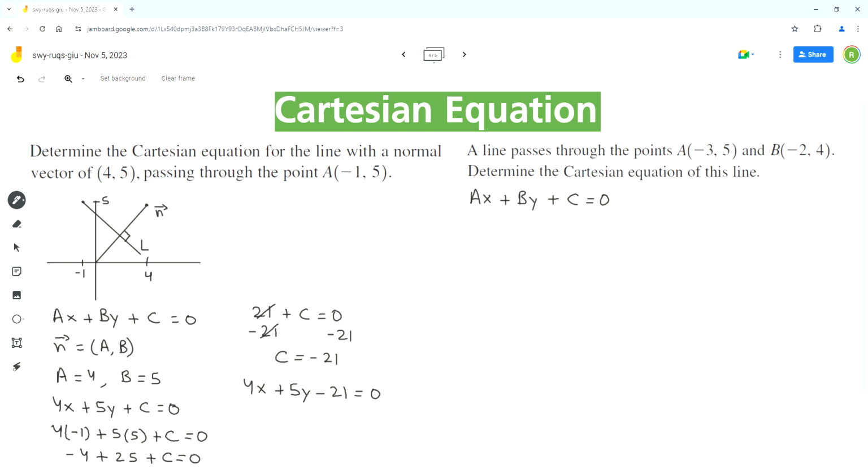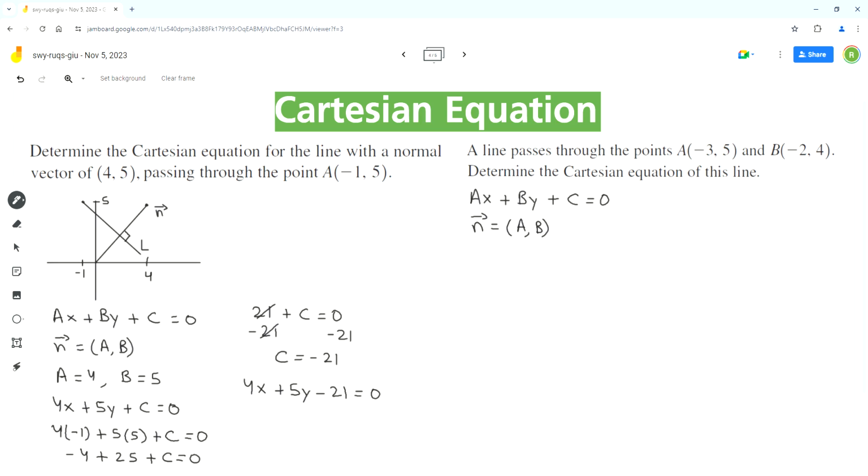We have to find the values of a, b and c for this line. We know that the normal vector for this line is (a, b). We have to use these two given points to find the normal vector.